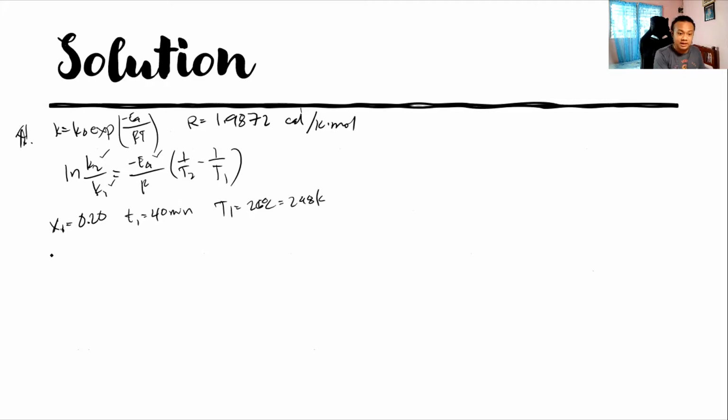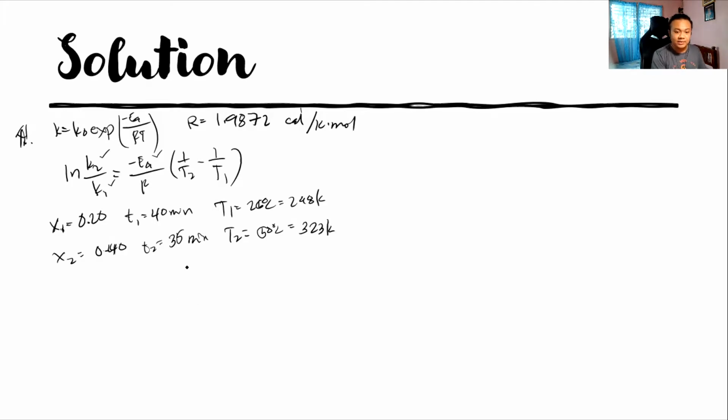Di ba? And then for X2, it's 40% complete. So 0.40 na ito ang conversion. Di ba? So T2, we have T2 35 minutes. This is in 35 minutes. T2 is equal to 50 degrees Celsius or 323 Kelvin.